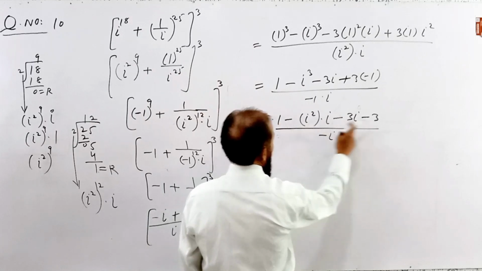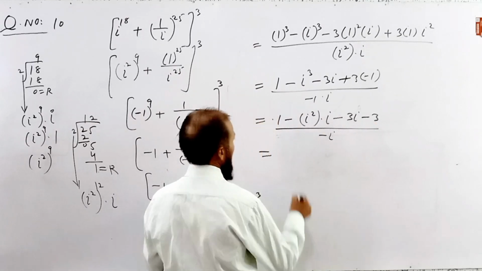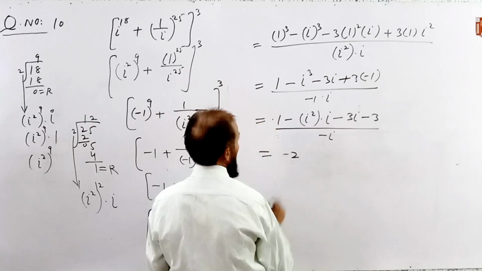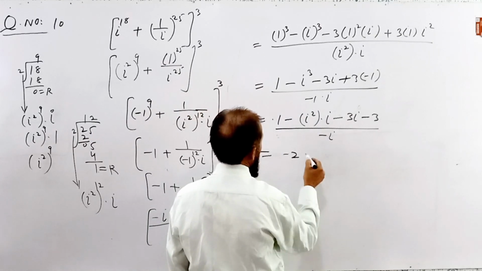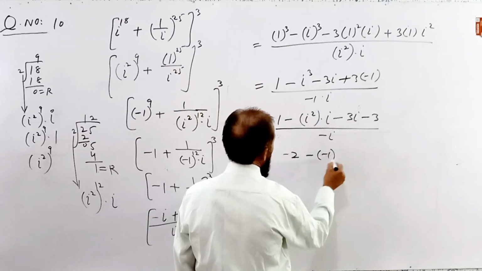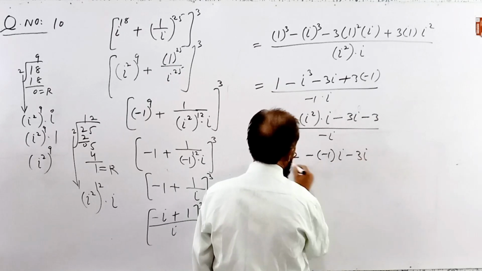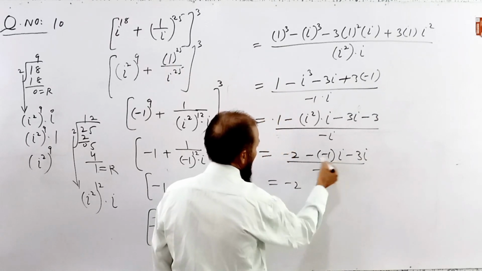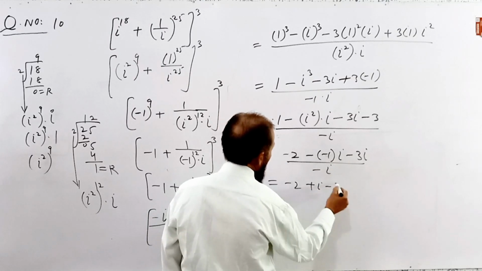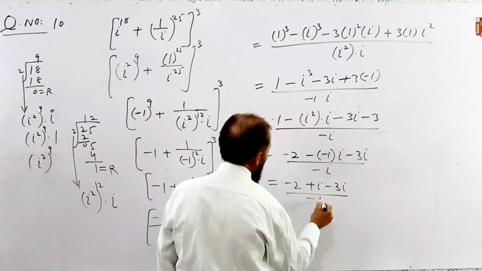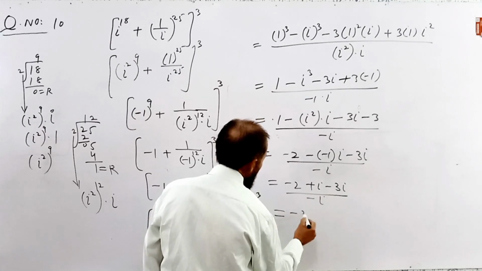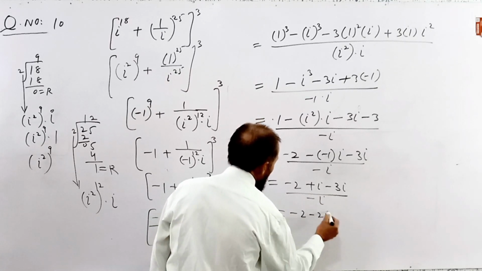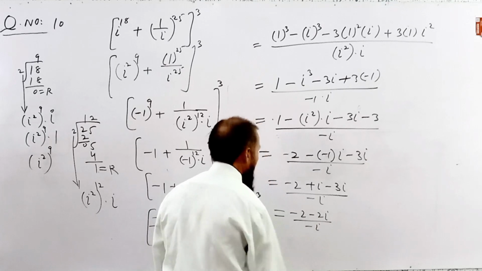Here is 1, here is minus 3, so we get minus 2 iota square minus 1 into iota minus 3 iota divided by minus iota. So minus 2 minus plus iota minus 3 iota divided by minus iota. So minus 2 we get here minus 2 iota divided by minus iota.